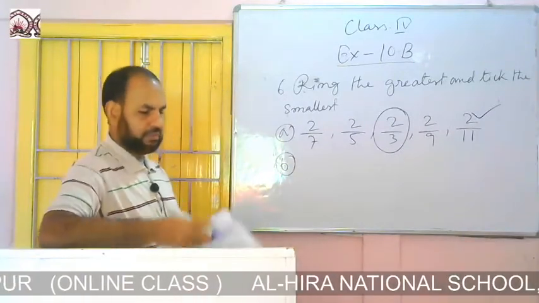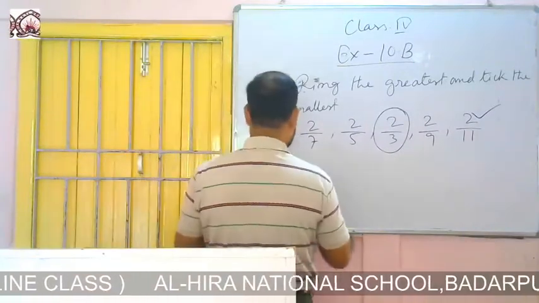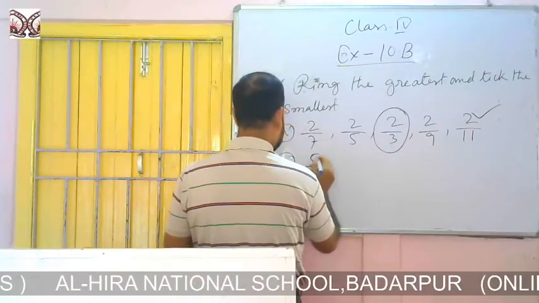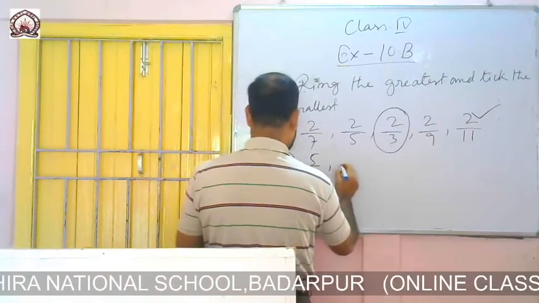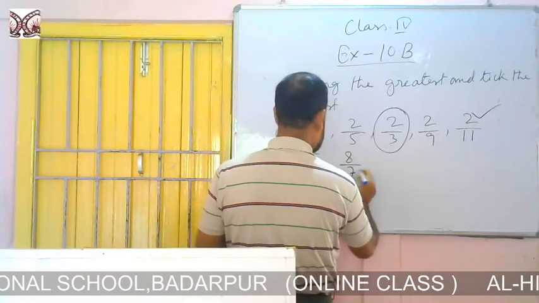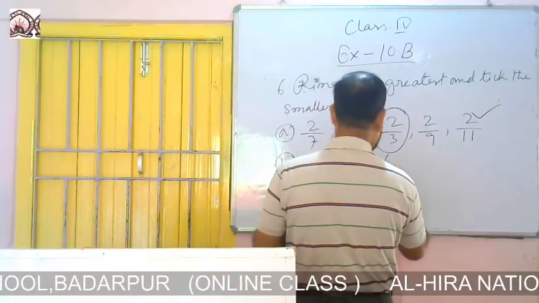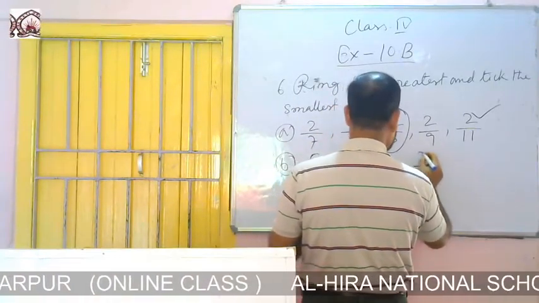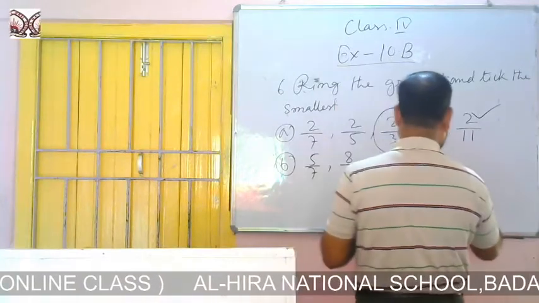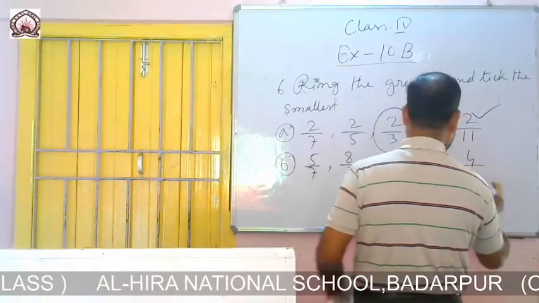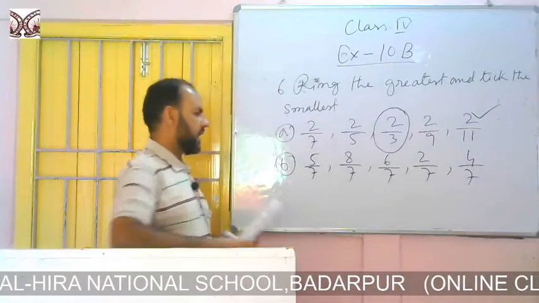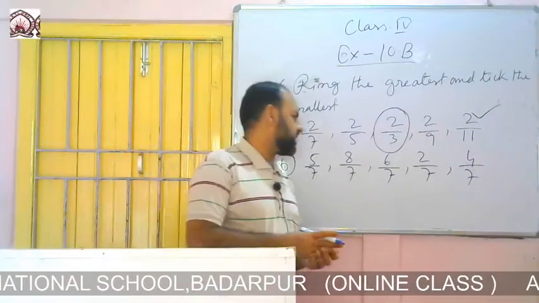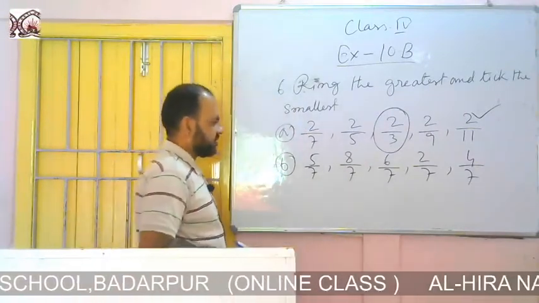Question number B, 5 by 7, 8 by 7, 6 by 7, 2 by 7, 4 by 7. So here all denominators are the same, so all fractions are like fractions.